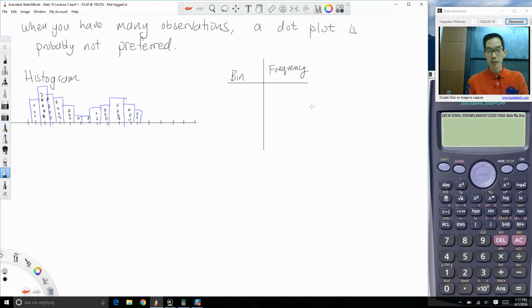And so, if we were dealing with ages, we could have 10 through 19, 20 through 29, 30 through 39, 40 through 49, and then we would count how many people in our data set have ages between 10 and 19.